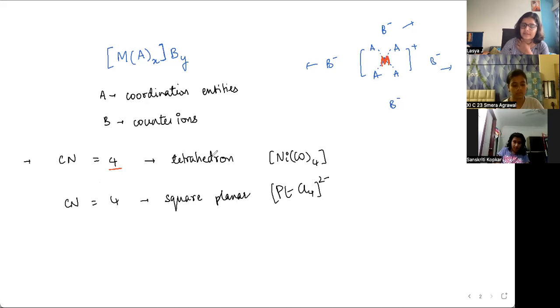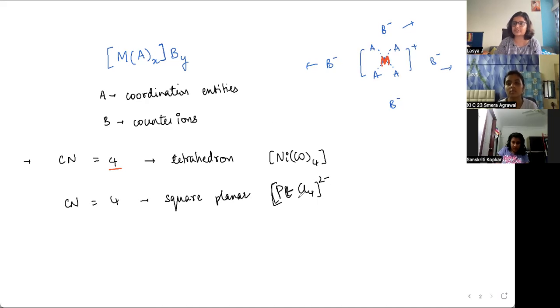So whether it takes tetrahedral or square planar depends on what orbitals are taking part in bonding. If it is sp3, it'll go with tetrahedral, but if it is dsp2, it ends up with a square planar. So you have to get into the electronic configuration.